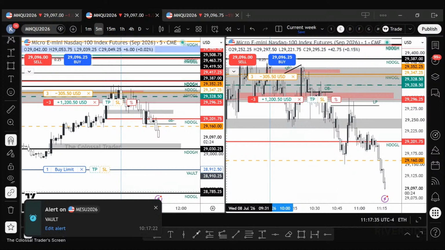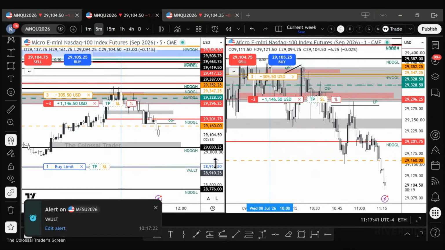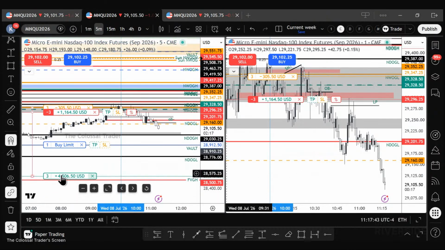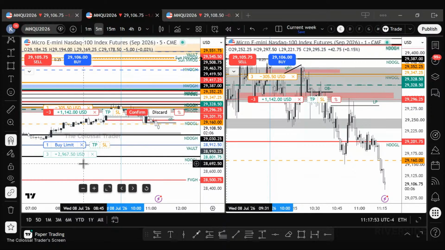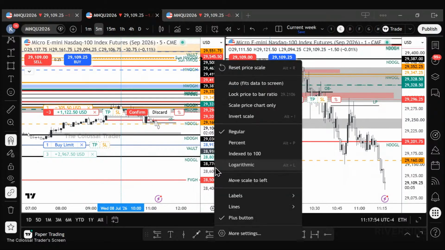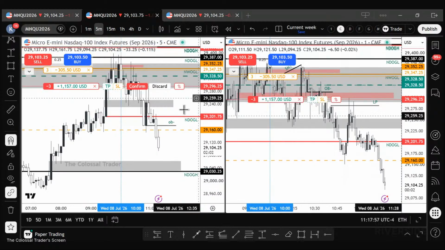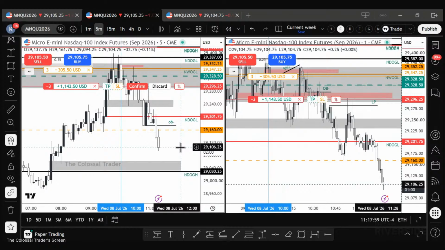At least 28,790, so let me adjust, 2790 is what I see actually. So this is tough. Let's just call it 2,800. This is more of it. Let's be real. If I was a swing trader, if I could swing this, I would expect 2,500.